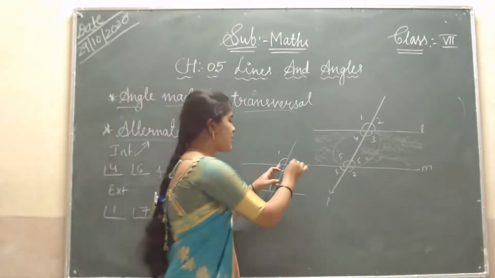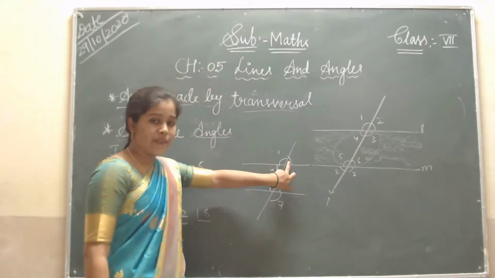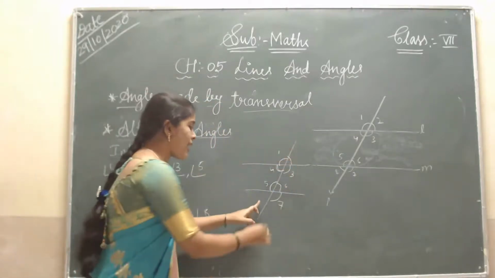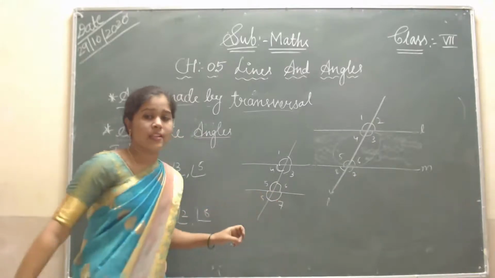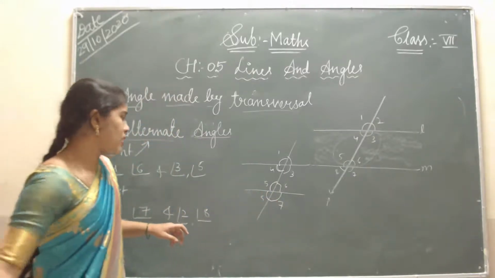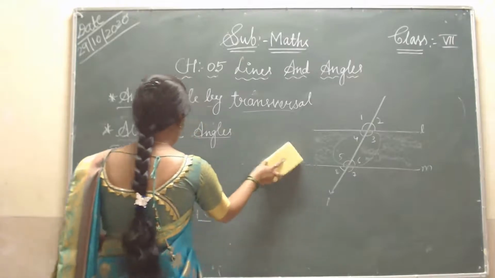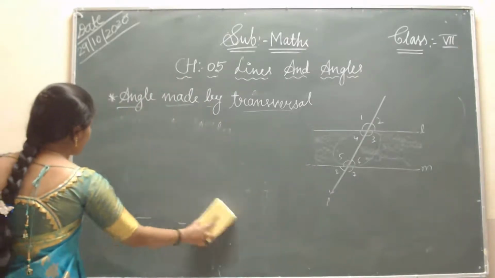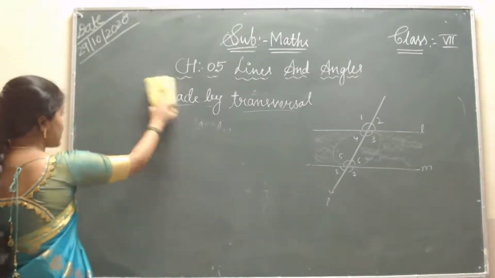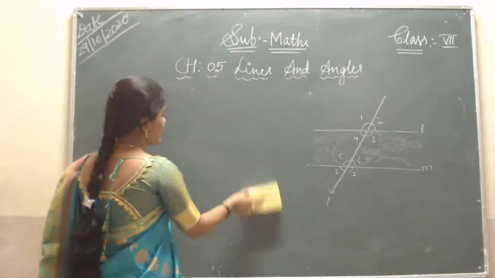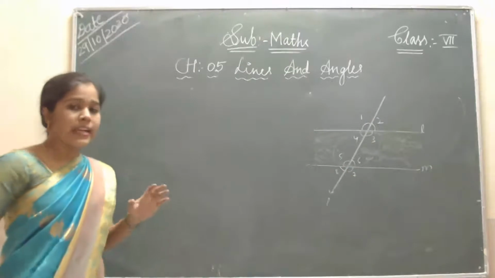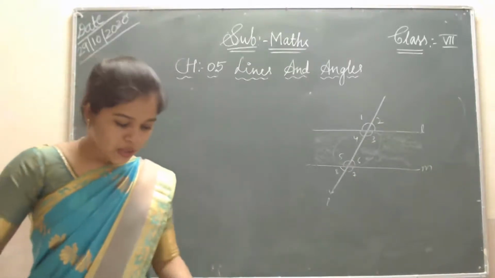Because one angle is on the left side of the transversal line, and another angle is on the right side of the transversal line. So these are the exterior alternate angles. Hope you understood what alternate is. Alternate means like Kho Kho: one is on the left side and another one is on the right side of the transversal line. Interior means inside, exterior means outside.